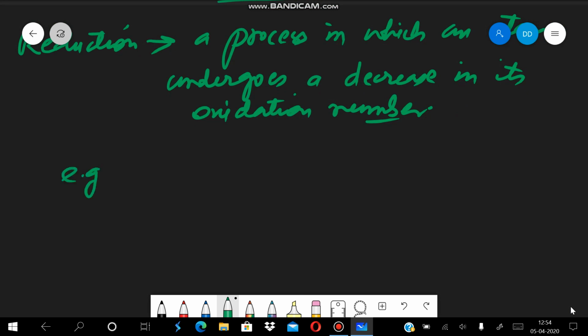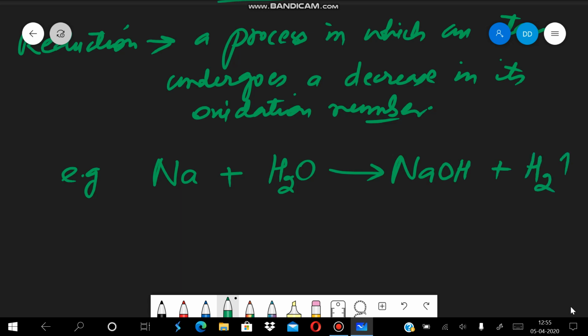For example, when sodium metal is treated with water, sodium hydroxide and dihydrogen gas is formed. Now if we look at the oxidation numbers of the elements on the reactant side and on the product side, we see that the oxidation number of sodium is 0 because it is in the elementary state.